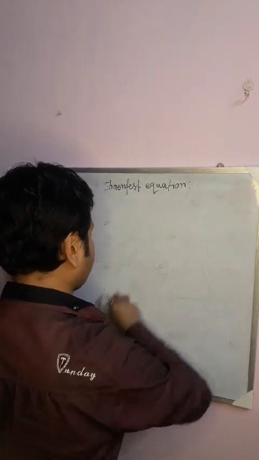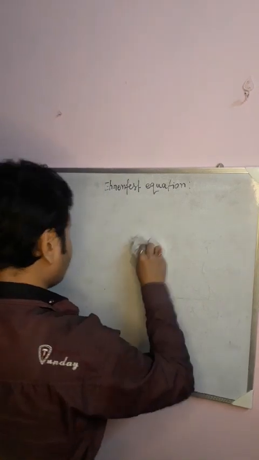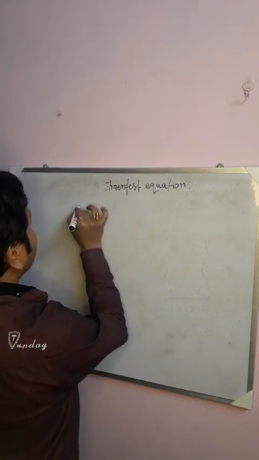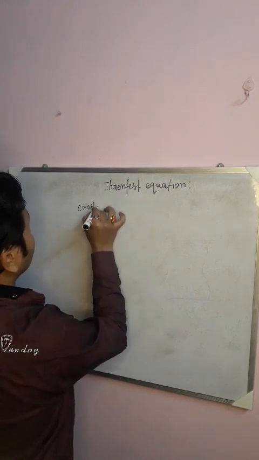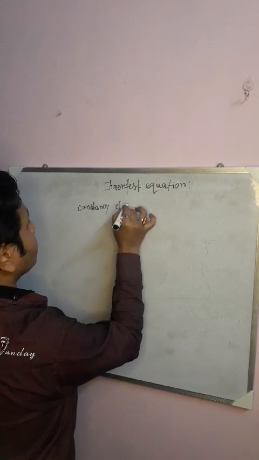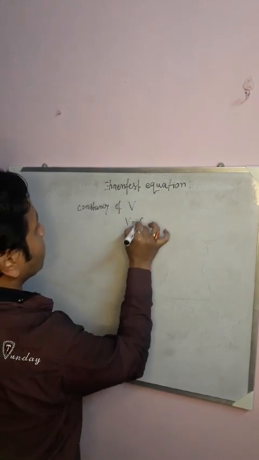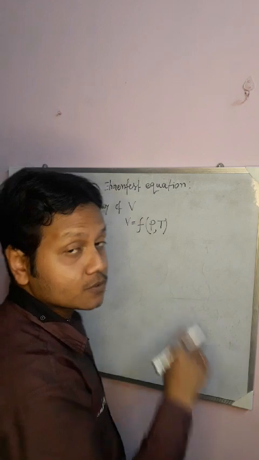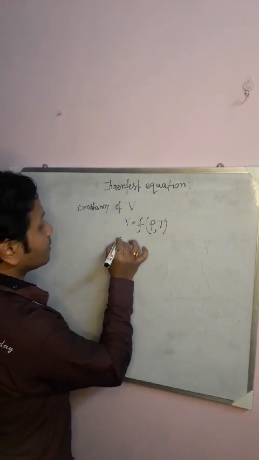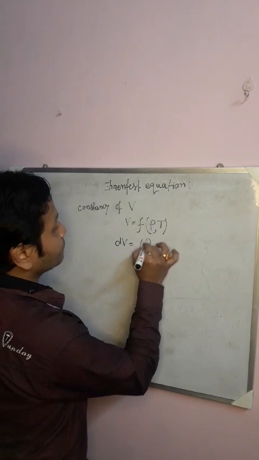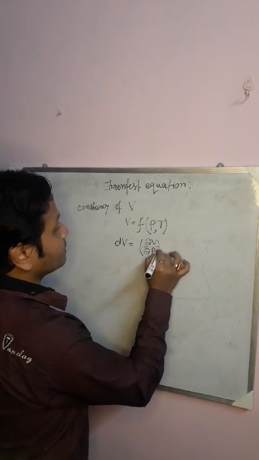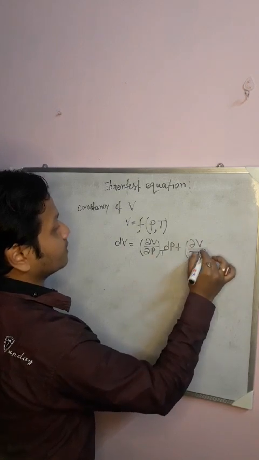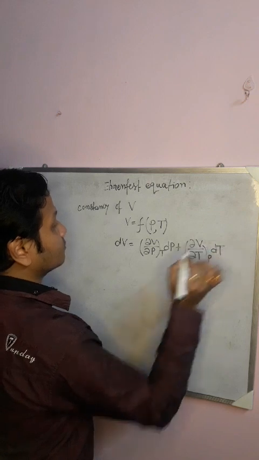So let us consider the constancy of volume, and we assume V as a function of again P and T. Since dV is a perfect differential, what we can write? (del V del P) at constant temperature dP plus (del V del T) at constant pressure dT.